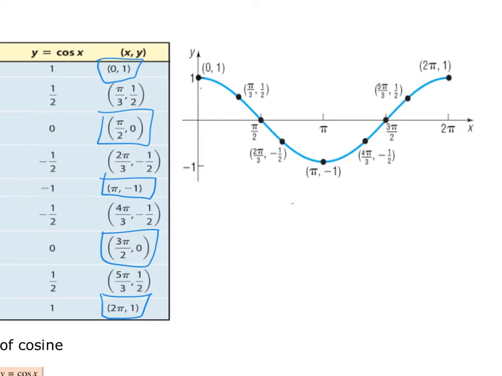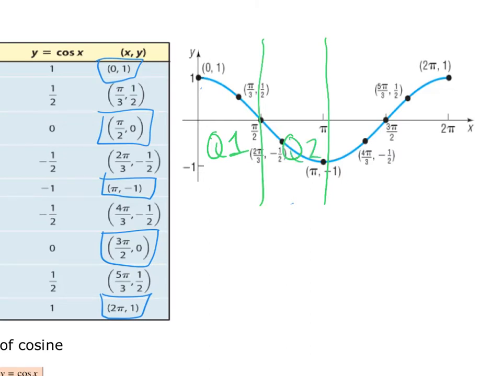On your unit circle, where's my first quadrant? Where does it start and where does it end? 0 to pi over 2. That's quadrant 1. Where's my next quadrant? Pi over 2 to what? Pi. So there's quadrant 2.